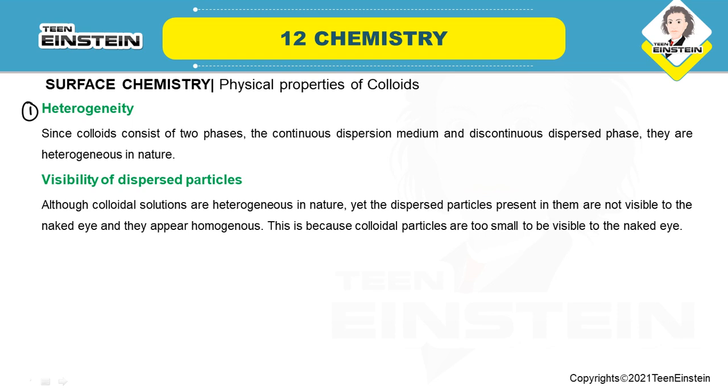So the presence of two phases must be there. Since colloid consists of two phases, the continuous dispersion medium and the discontinuous dispersed phase, they will obviously be heterogeneous in nature, because when we talk about homogeneous, there will be only one phase, but here we have two phases.